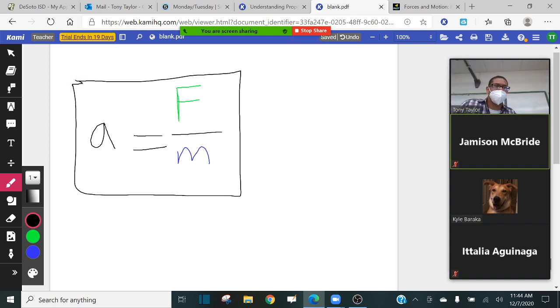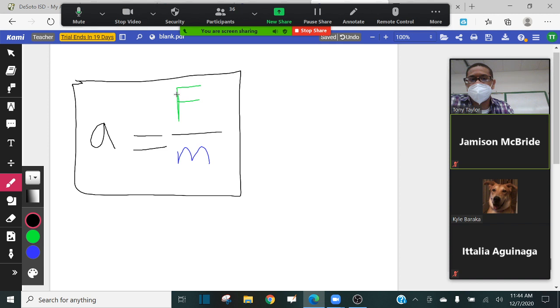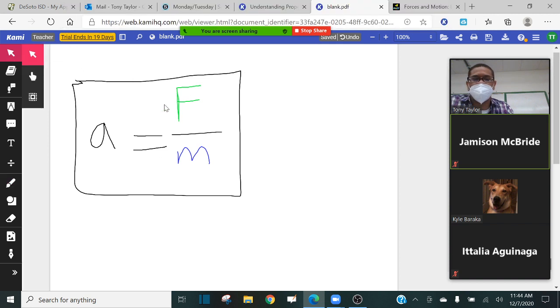Now, guys, in this class from now on, anytime I give you an equation and you see that you have a certain variable in the numerator of your equation, it is always true that the numerator is directly proportional to the resultant of the equation. In this case, acceleration and force are directly proportional. Anytime I give you an equation and you look at the denominator, whatever variable's in the denominator is inversely proportional to the resultant.